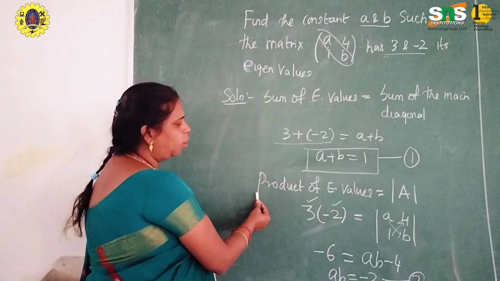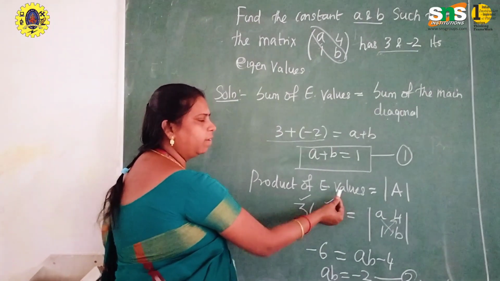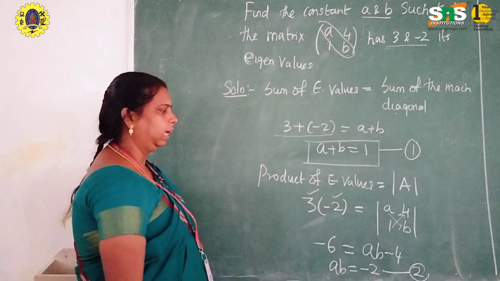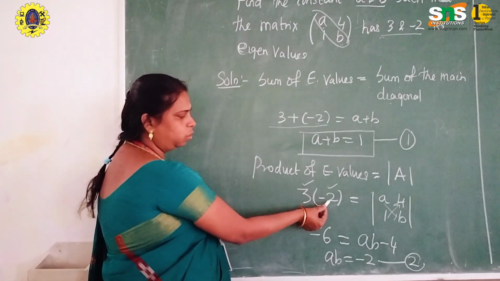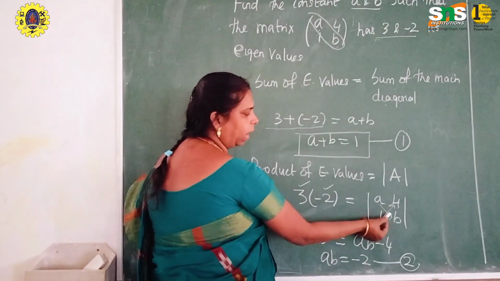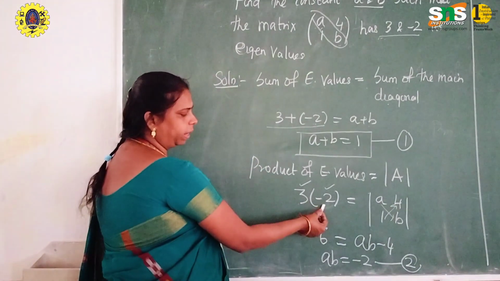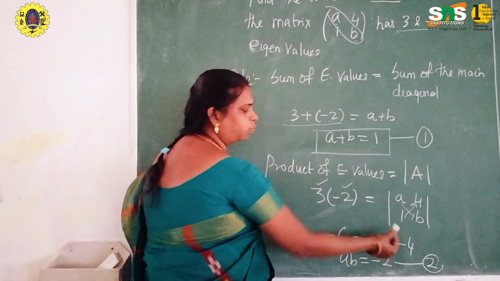Next, the second property is the product of the eigenvalues. The product of the eigenvalues is equal to the determinant of the matrix. The product means multiplication: 3 into minus 2 equals the determinant of [A, 4; 1, B]. So 3 into minus 2 is minus 6, equal to AB minus 4.